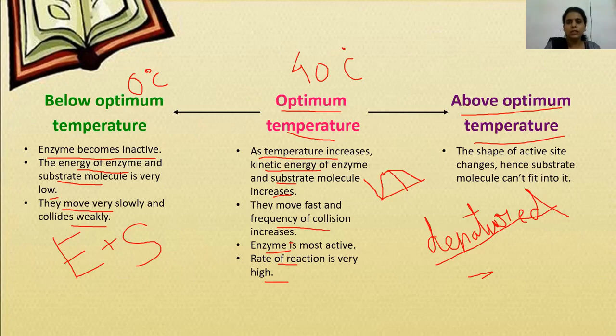So remember these points very well: above optimum temperature the enzyme gets denatured, the enzyme gets damaged, and the enzyme cannot be used again. Why? Because due to high temperature, the shape of the active site of the enzyme changes. Due to this, the substrate molecule cannot fit into the active site of the enzyme.